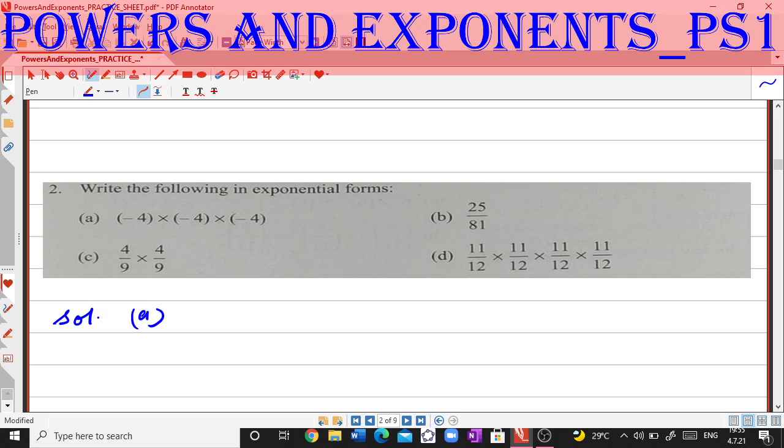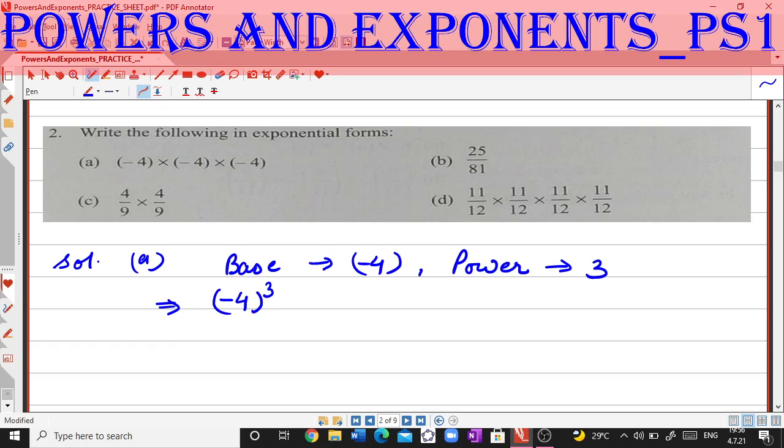And how many times? Yes, it is multiplying to itself 3 times. So here, very easy, the base is minus 4 and the power is 3 because it is multiplying 3 times to itself. So when you represent it in the exponential form, it can be written like this: minus 4 to the power 3.